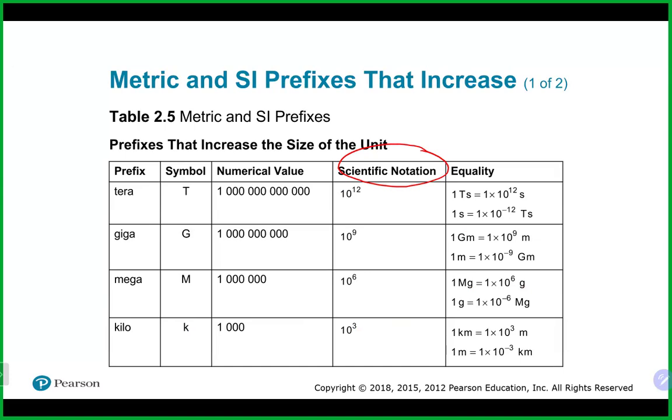For example, kilo, which is a common one like we just saw, basically means 10 to the 3. And what does 10 to the 3 really mean? In scientific notation, it really is 1 times 10 to the 3. So any of these are all 1 times 10 to the whatever it may be. Mega is 1 times 10 to the 6, giga 1 times 10 to the 9, and so forth.